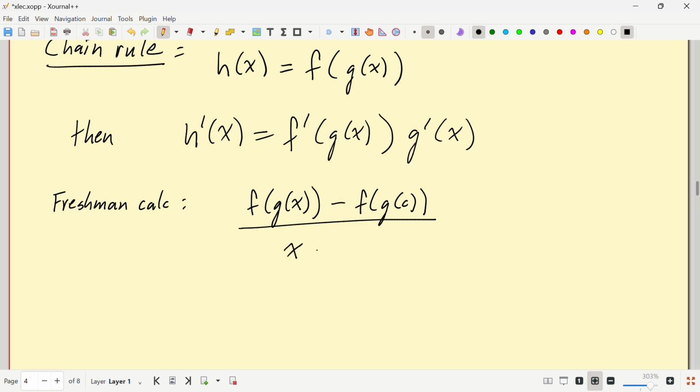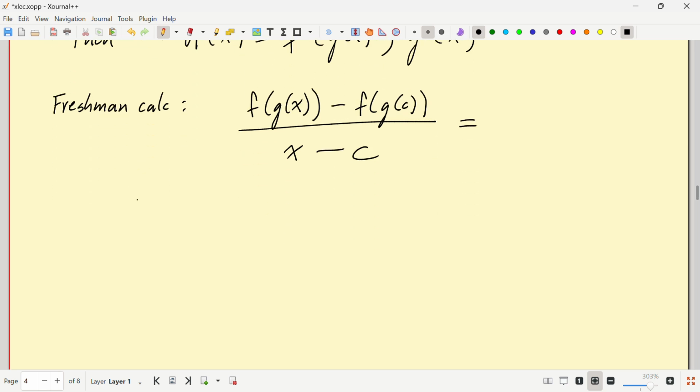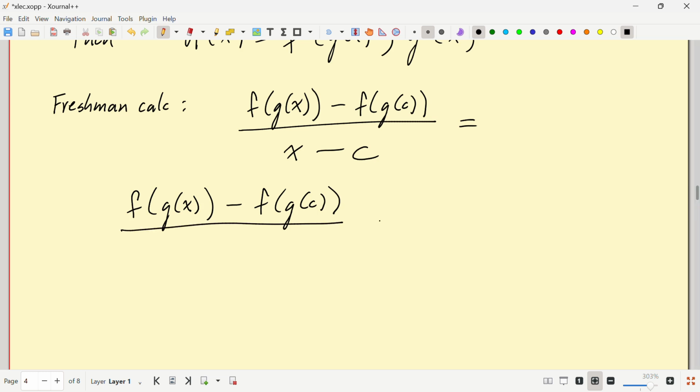And then they do this to get moving real fast. They have f of g of x minus f of g of c, they put the x minus c over here, and then they multiply and divide by the same thing, so they don't change that quotient. The thing they use is g of x minus g of c.